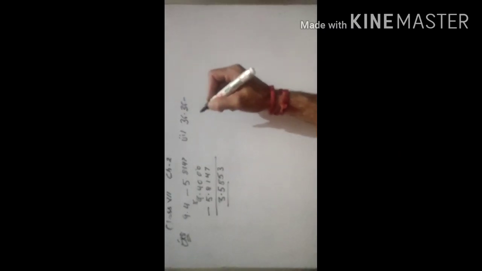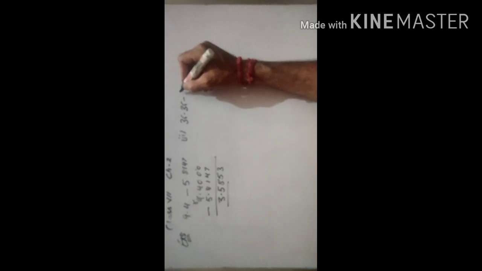Now second part is 36.36 minus 28.4237 minus 9.78 plus 7.7.